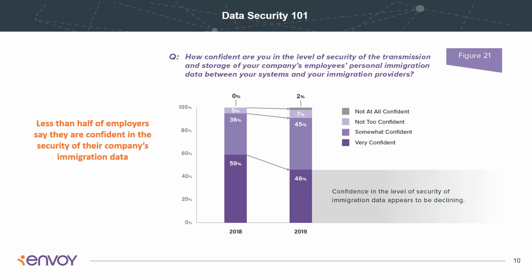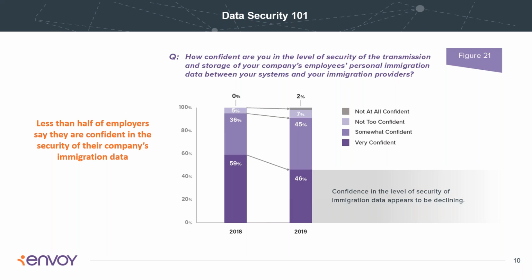It appears that the confidence in the level of security of immigration data is declining from 2018 to 2019. In 2018, this was 59%, and in 2019, 46%. So less than half of employers say they're very confident in the security of their company's immigration data. These numbers are from Envoy's 2019 Immigration Trends Report, which surveyed just over 400 HR professionals.